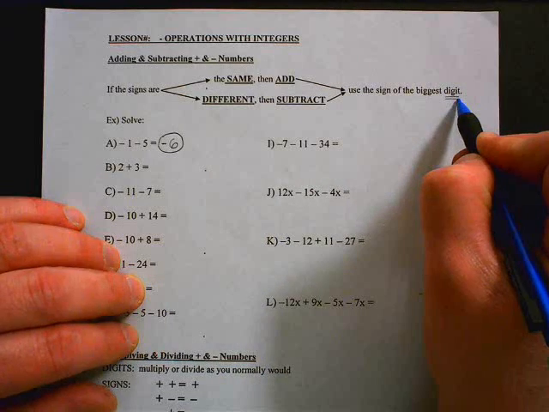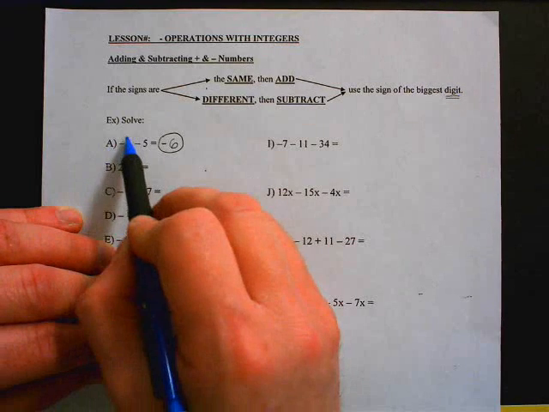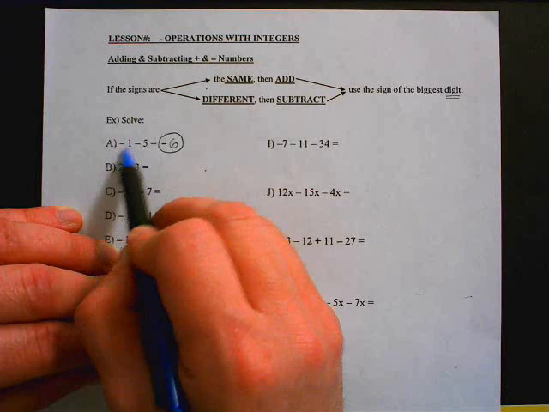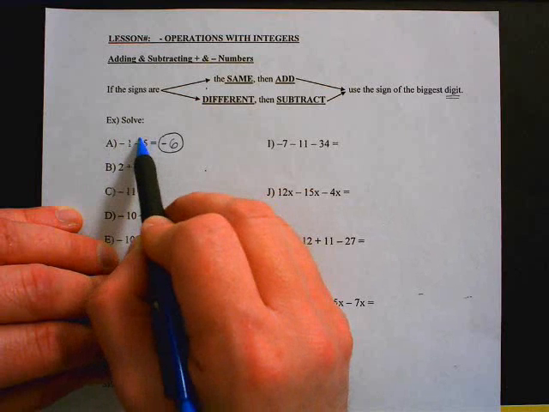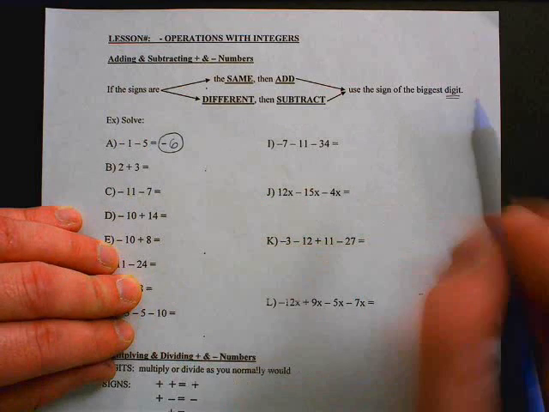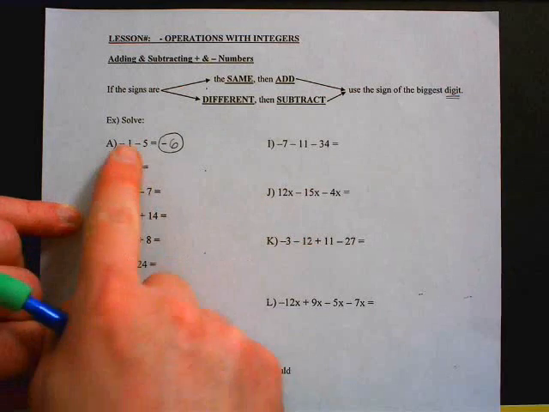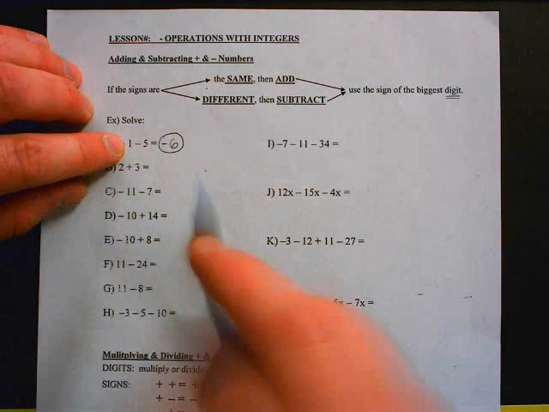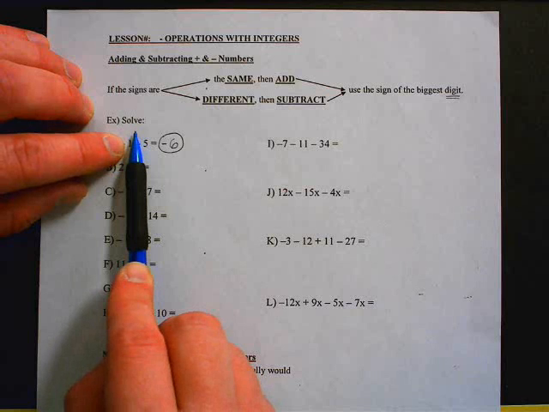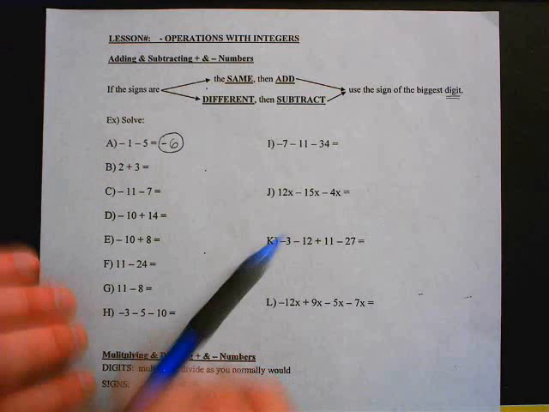Because if I talk about biggest number, this is -1 and this is -5, and -1 is bigger than -5. But when I'm talking about digit, I'm just talking about the digit, so that means just 1 and 5. Which one is bigger? 5. So that's basically what I mean by biggest digit.